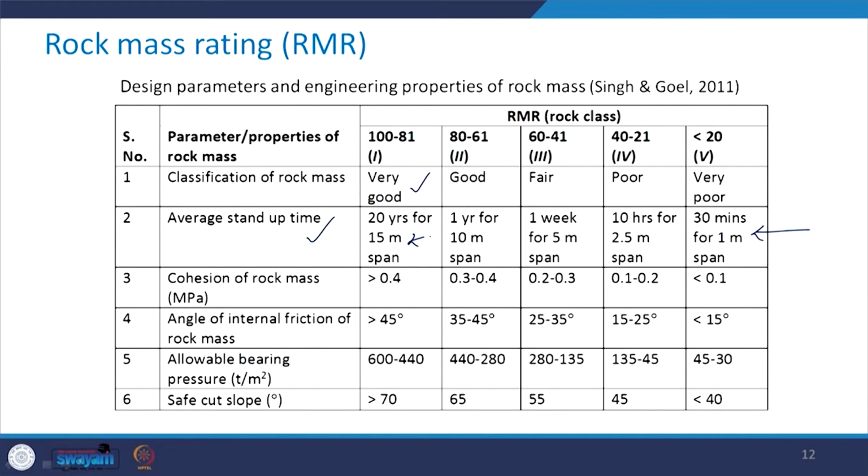Likewise, there are values for good rock mass, fair rock mass, poor rock mass and very poor rock mass. You see that as the quality of the rock mass deteriorates, the stand up time reduces, from 20 years for 15 meter span to 30 minutes for 1 meter span.